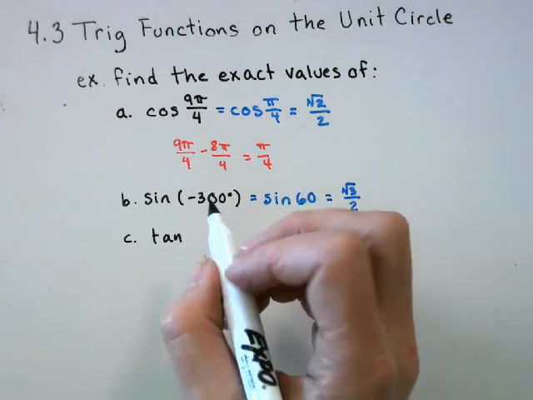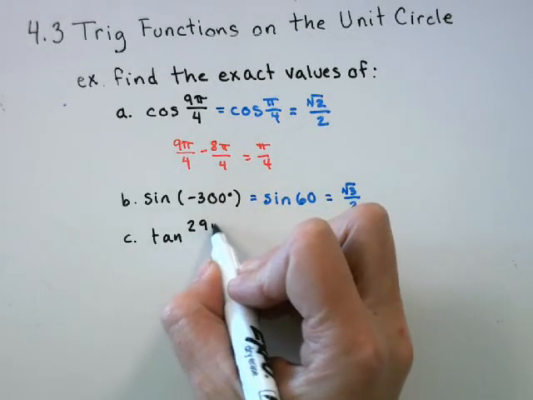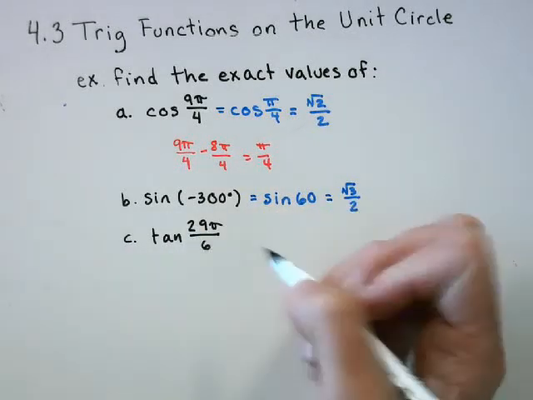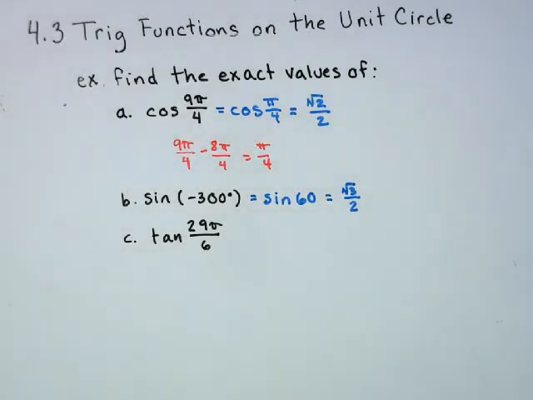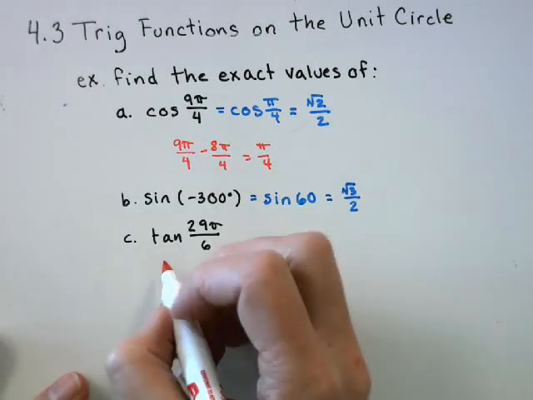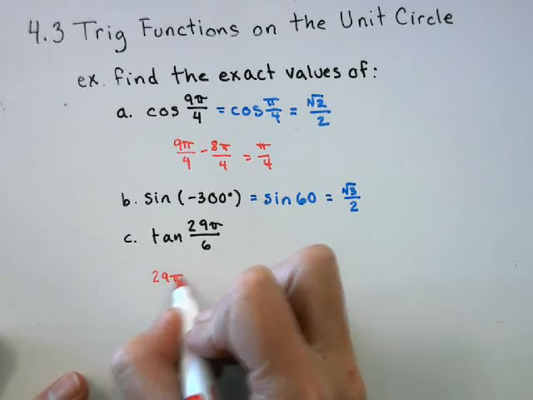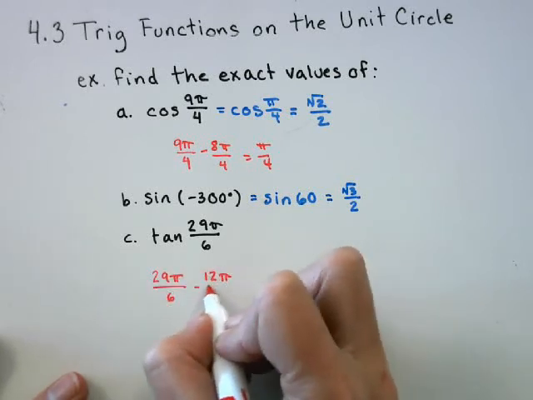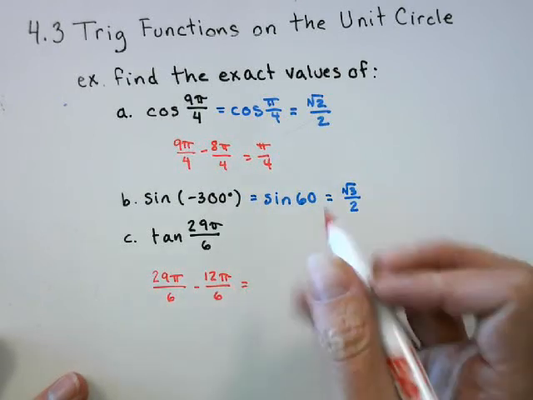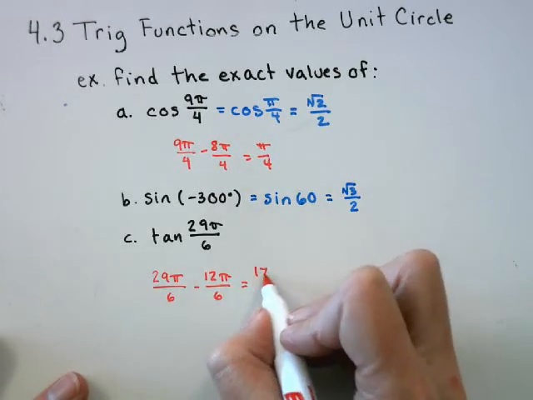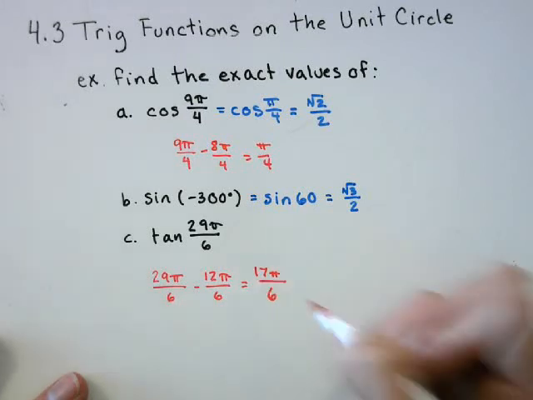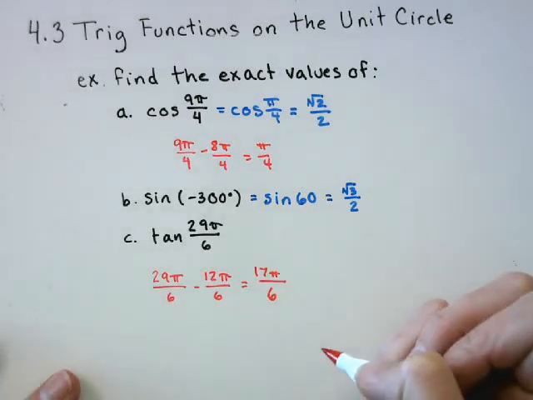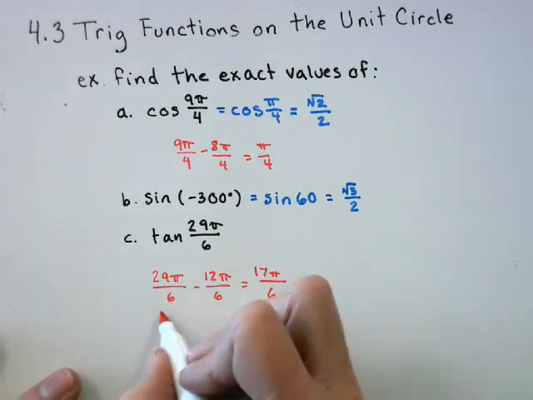We'll find the tangent of 29 pi over 6. So again, I'm going to subtract 2 pi. So 29 pi over 6 minus 2 pi, which is the same as 12 pi over 6. That gives me 17 pi over 6, which isn't all that helpful.